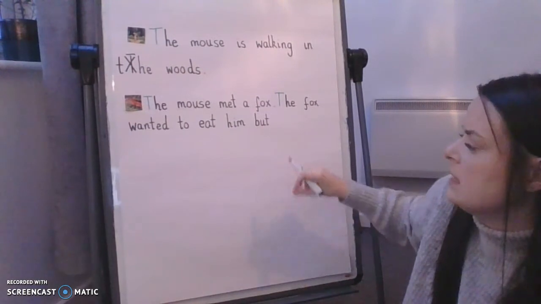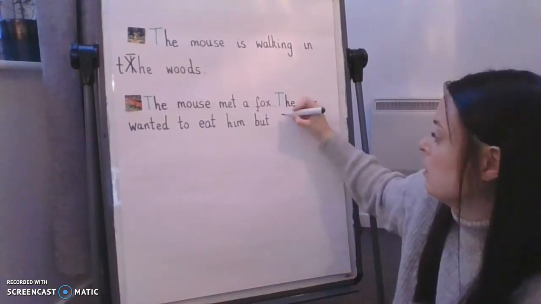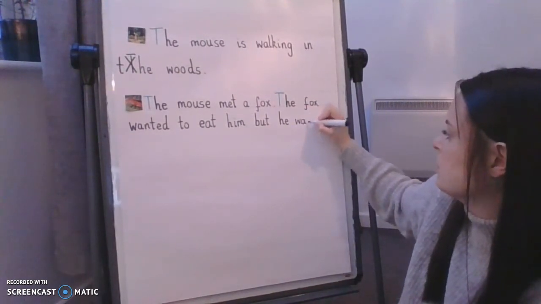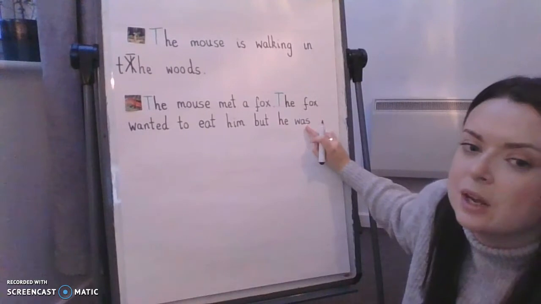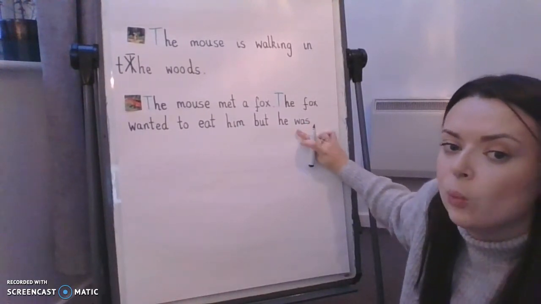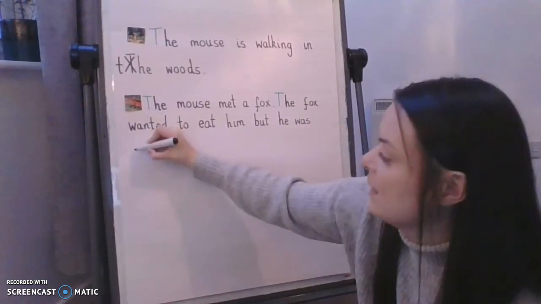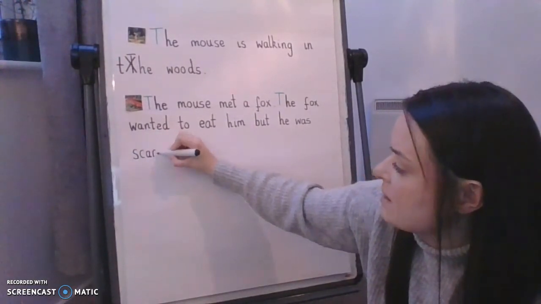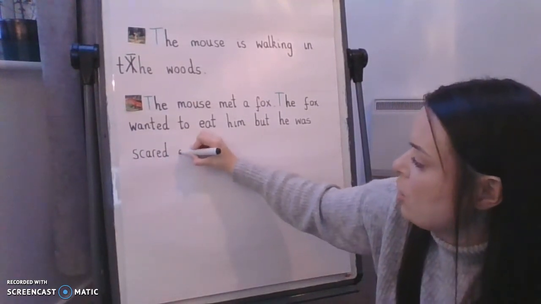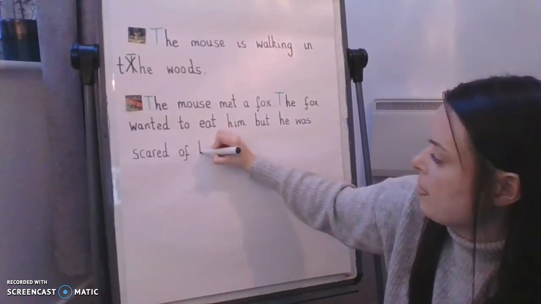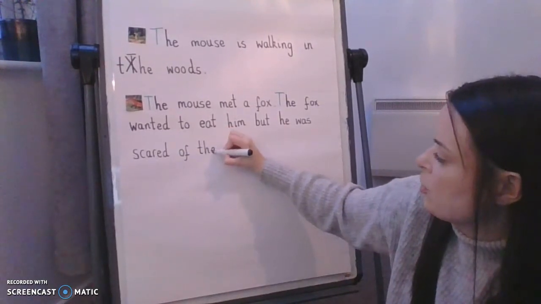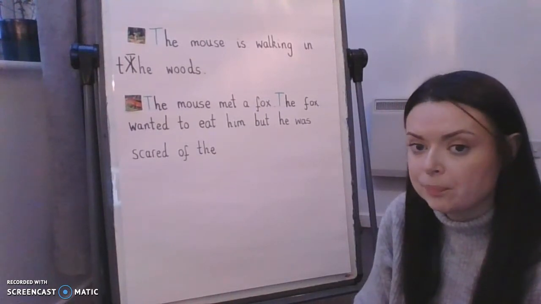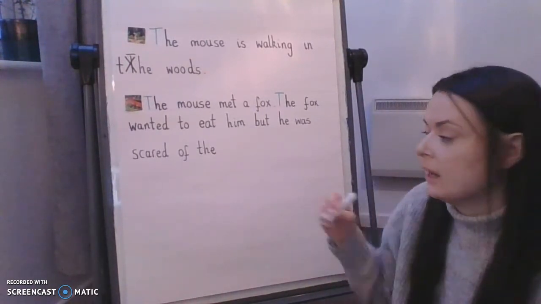So the fox wanted to eat him, but he was, so remember was, I know a lot of you put the z at the end, was scared, scared of the Gruffalo. Okay, now the Gruffalo is a name of a character, so I need a capital letter.